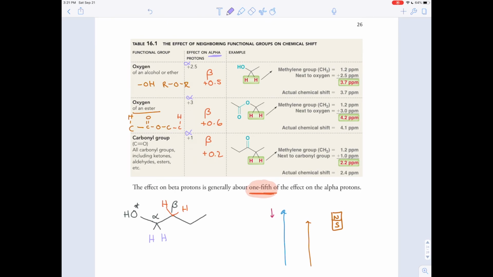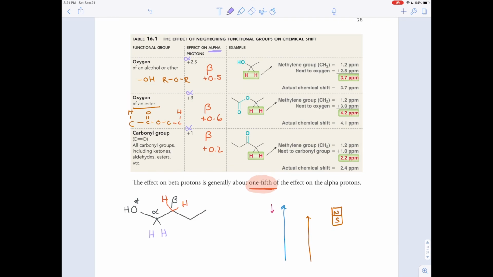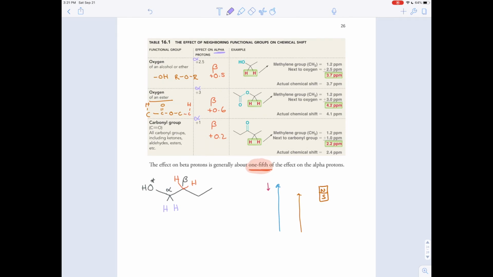And the amount they'll change depends on what the group is and how close they are. So they have the alpha shifts if the hydrogens are right next door to the group, and the beta shifts if they're beta to the group, 2 carbons away. So we'll use these two tables in the next video.